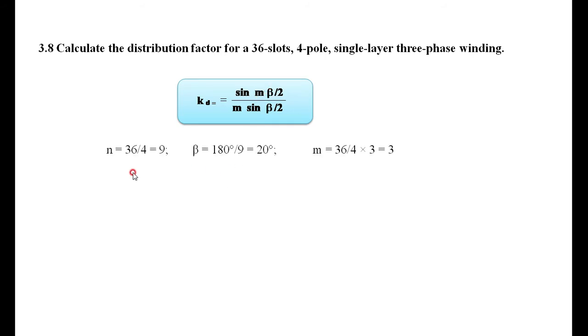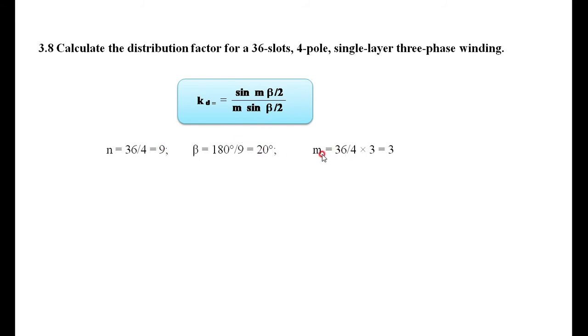We know that the number of slots per pole is 36 divided by 4, that is 9. Then the slot angle you can calculate as 180 divided by n; we have already calculated n as 9, therefore it is 20 degrees.